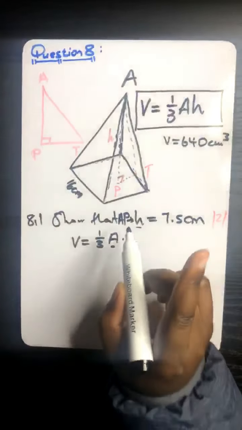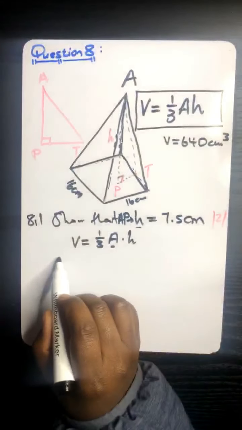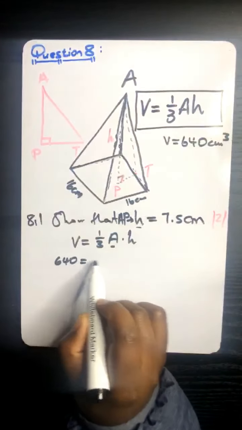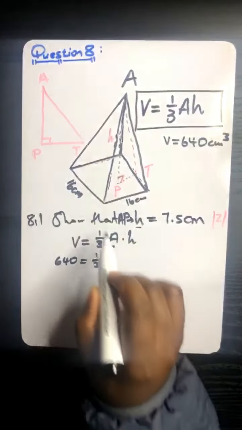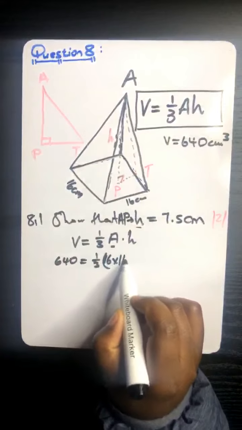And because it's a square, it means also this side is 16 centimeters, which means we are having 640 being equals to 1/3. What is the area? So that means it's 16 multiplied by 16.